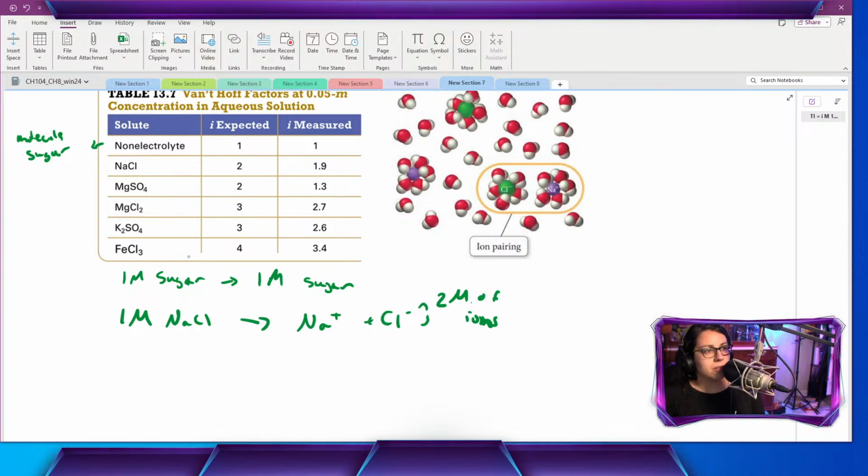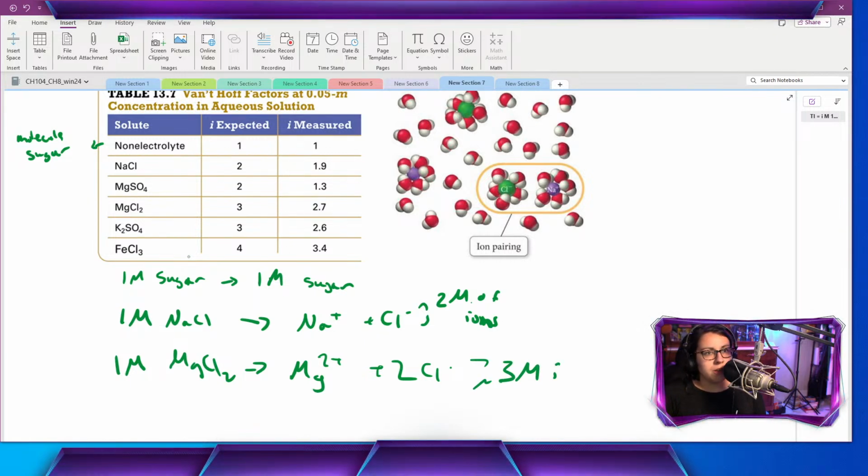Let's look at magnesium chloride. So if we have a 1 molar solution of magnesium chloride, it will dissociate into magnesium and then 2 equivalents of chloride. So that's 3 molar of ions in solution.